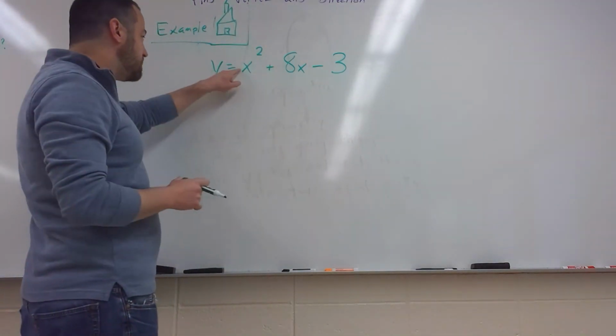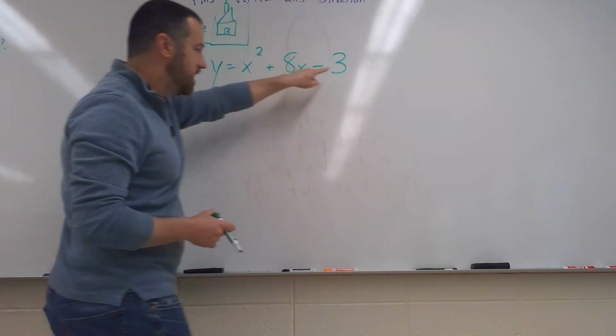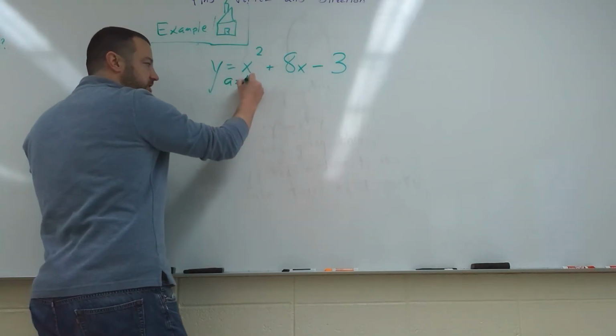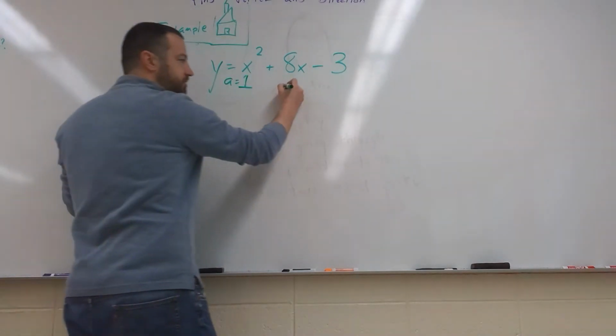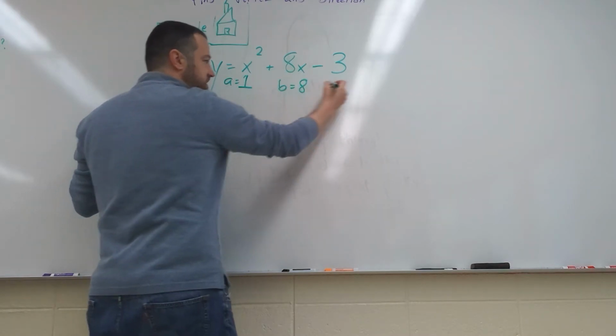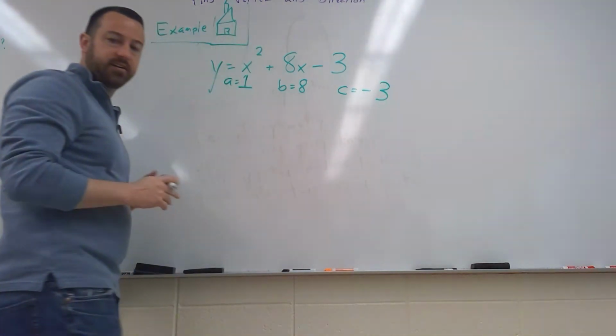If you remember, a, b, and c are just the numbers in front of the x squared, the x, and your constant. In this case, there's no number here, so a is 1. The number right here, b is 8, and the number here, c is negative 3.